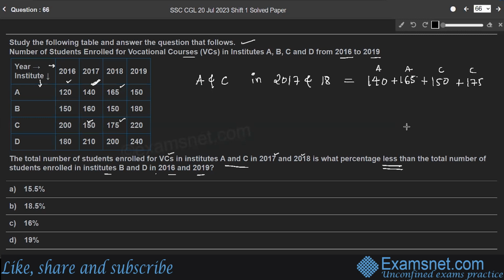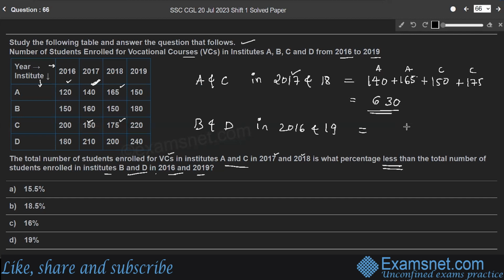So add all these numbers: 165 plus 140, also 150 plus 175. Together you will get 630 students enrolled in A and C institutes in the years 17 and 18. Whereas in institutes B and D, in 2016 and 19, together we'll take the values.